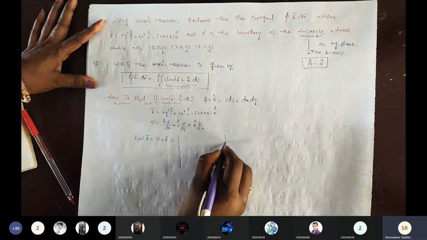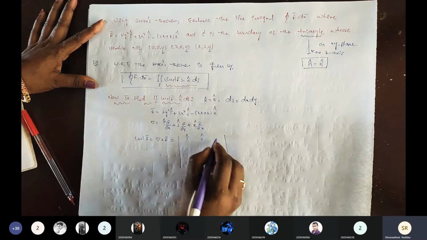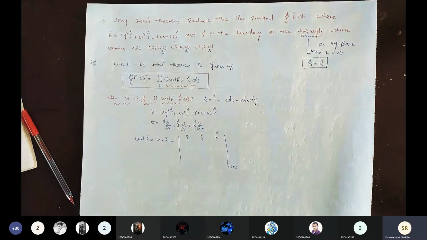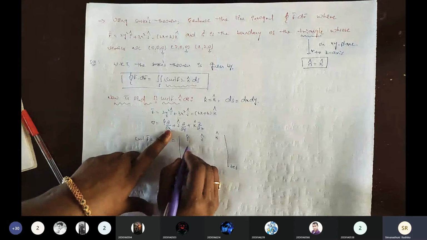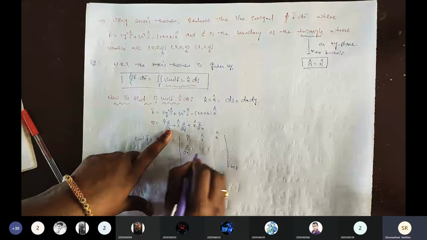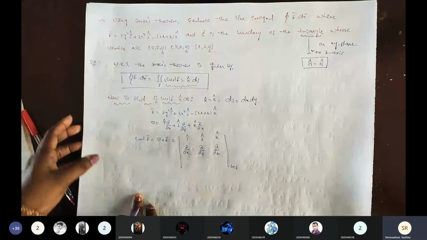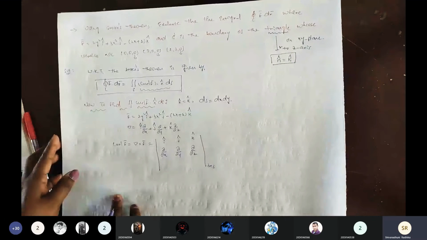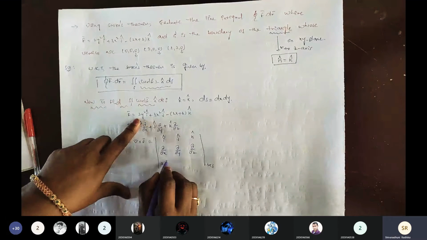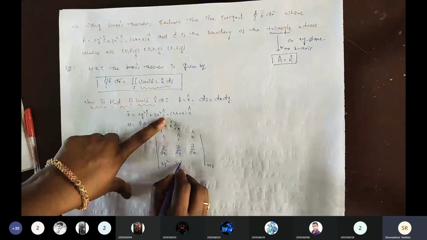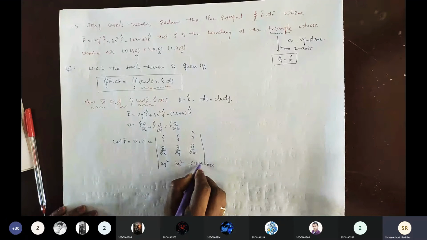We are using the determinant procedure of a 3 by 3 matrix. So i cap, j cap, k cap. Are you following now? Now in the first row, the i cap coefficient is dou by dou x, next dou by dou y, the next dou by dou z. Next, for the vector point function, the i cap coefficient is 2y square, j cap is 3x square, and the k cap coefficient is minus of 2x plus z.